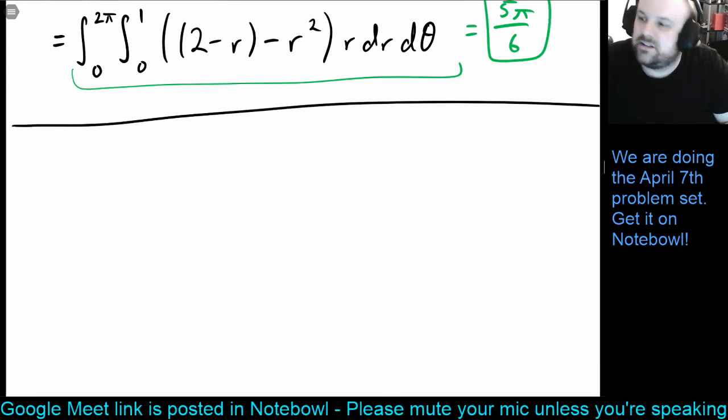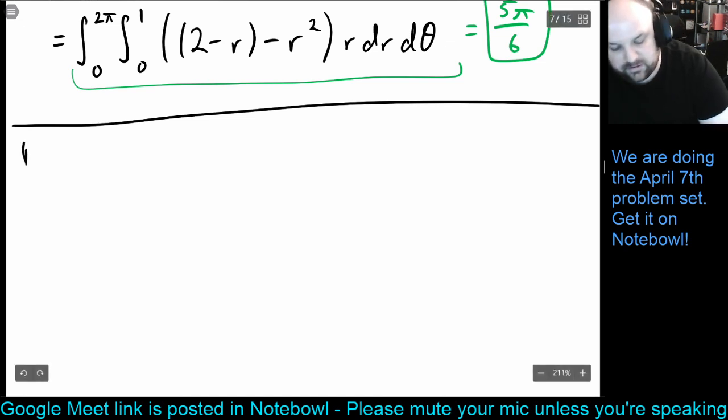All right. So problem 3 here, we want to find the volume that's below z equals xy plus 10.